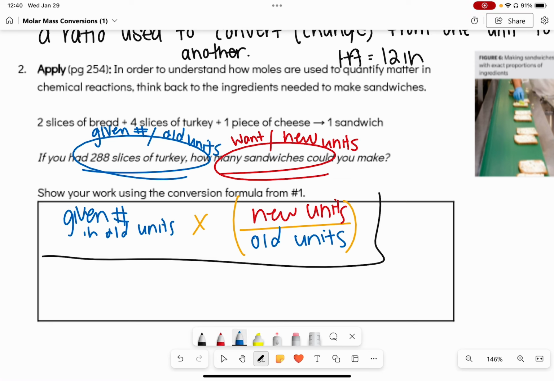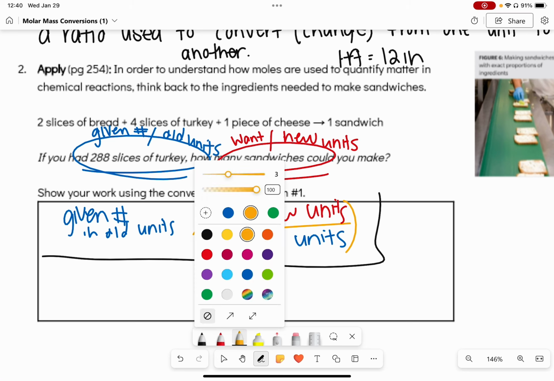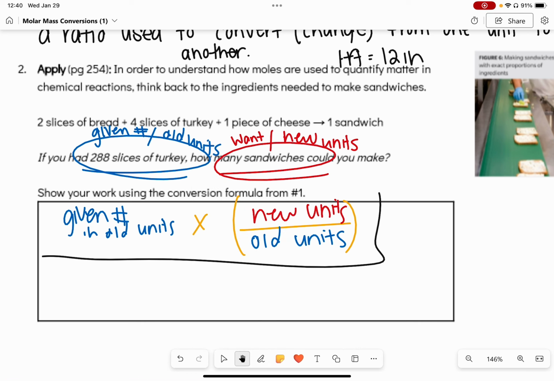It's important to know what are your old units and what are your new units, because they need to be placed properly in your conversion factor in the parentheses to get the correct answer and cancel out the unwanted units. So our conversion factor is how many slices of turkey there are in one sandwich. So one sandwich is equal to 4 slices of turkey.